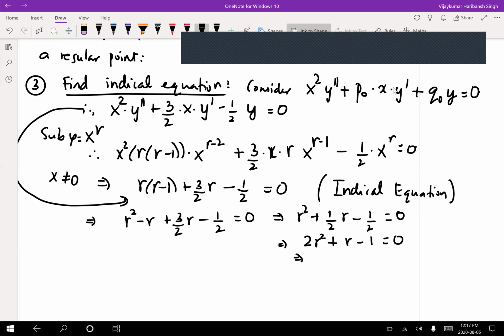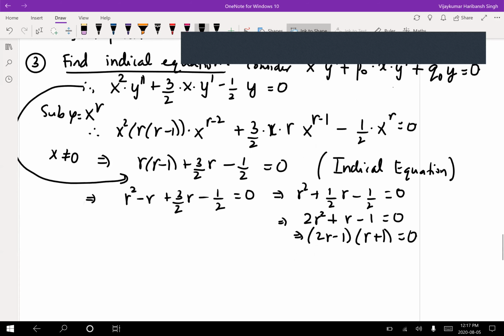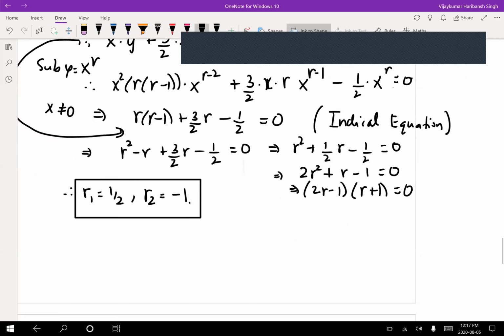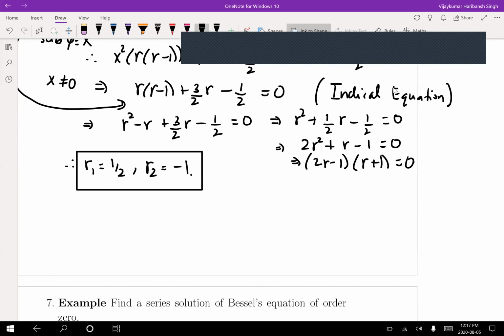When I factorize it, I get 2r minus 1 times r plus 1 equals 0. Therefore r1 equals half and r2 equals minus half. So this is our solution to the indicial equation. Very similar to the theory of a homogeneous second order linear differential equation with constant coefficients, where you had a characteristic equation, you have the indicial equation here.